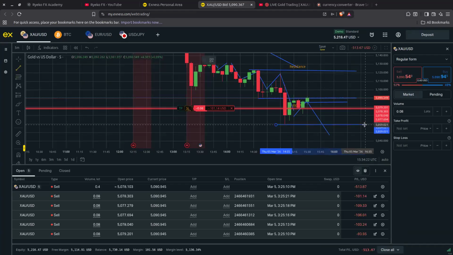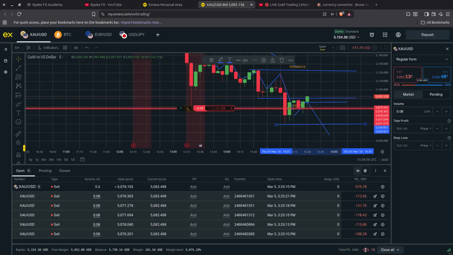But here, I expect that at some point it has to drop below here, meaning it came down twice. It can go up and come down. Right now the sellers are trying to push the price up. That's why you see we are losing almost all this money and going almost to 1,000.